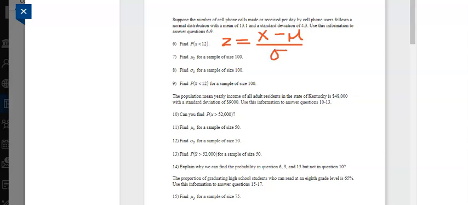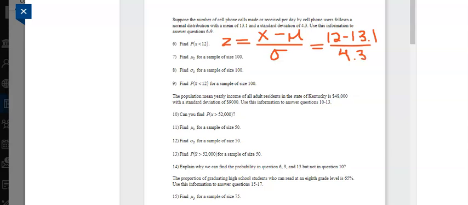All right, so in our case, our x that we're going to look at is 12. Our mu is 13.1. And then we're going to put that over our standard deviation of 4.3. Now notice sample size does not come into this because this is x.